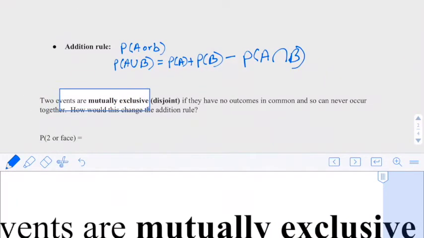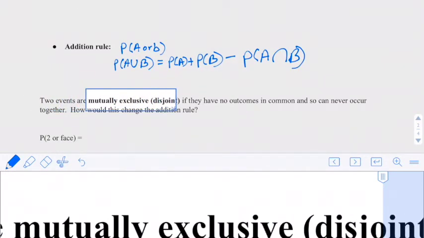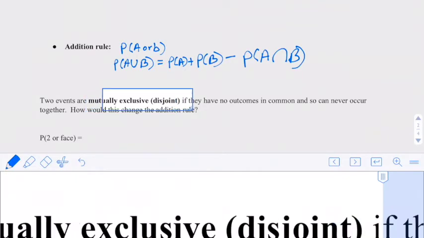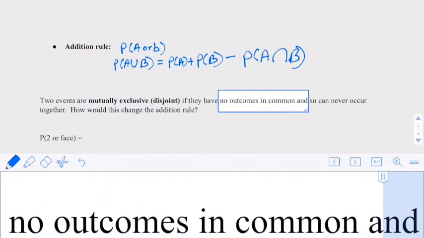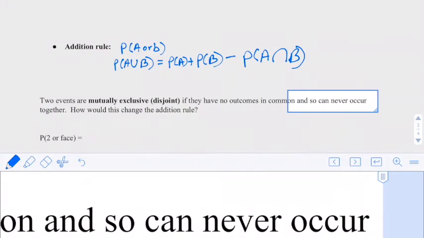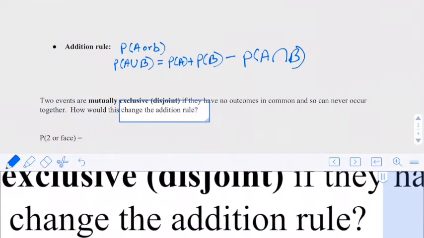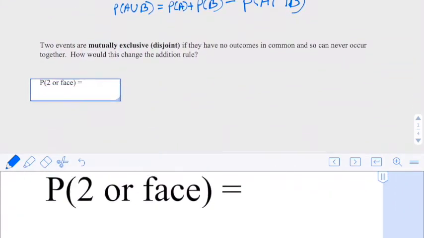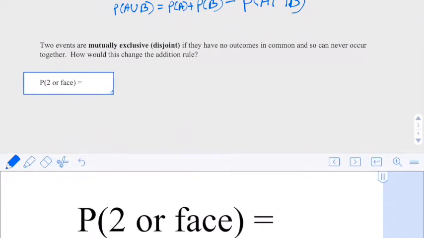Two events are mutually exclusive. Another word for mutually exclusive is disjoint if they have no outcomes in common and so can never occur together. How would this change the addition rule? Well, we have the probability that you have a 2 or you have a face card.